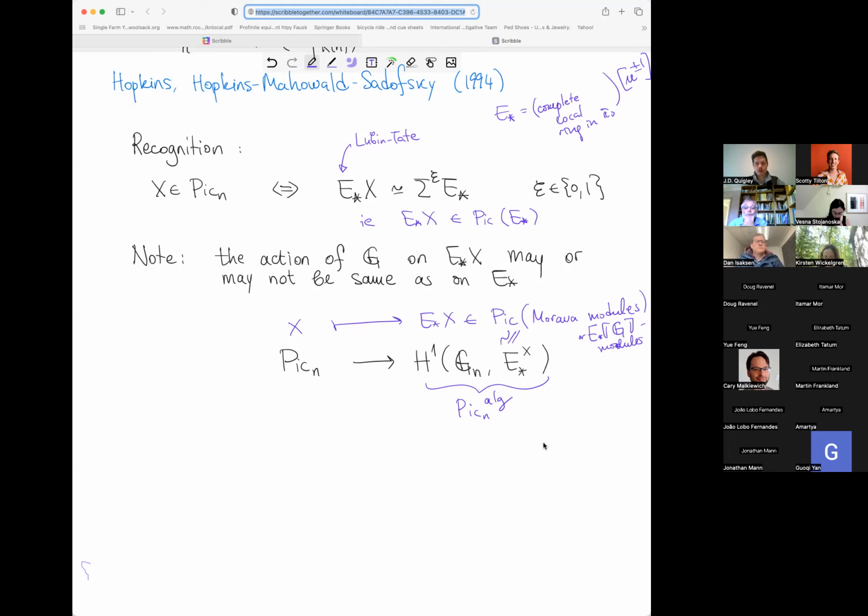And a lot of stuff in Pic_n is seen here, but there's sometimes a kernel. The kernel is called kappa_n, and elements in here are called exotic invertible objects, or this is the exotic Picard group.